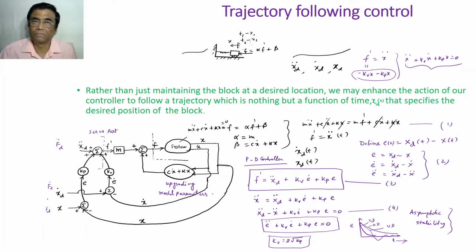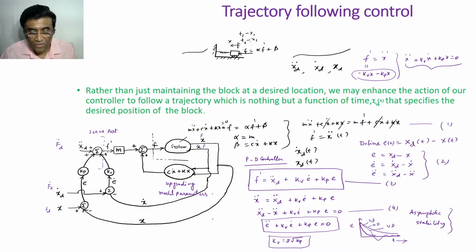Who will give the desired values? Your problem and your solution will give these values. And getting those values, you just take sensors which will give the actual values. Then you can end up designing a controller.